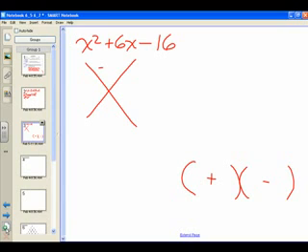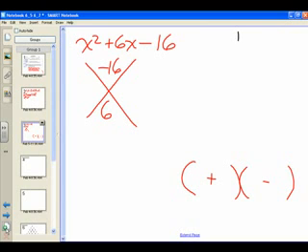All right, so if I'm going to do this, I do my diamond. Again, 1 times negative 16, I have negative 16, and I have 6 in the middle. So I need to factor. Many of you forgot that it has to multiply to give you the top and add to give you the bottom. Because the top is negative, when I factor it, one is positive and one is negative.